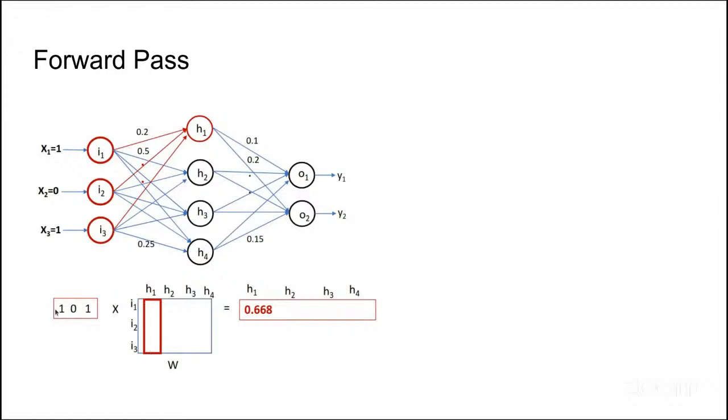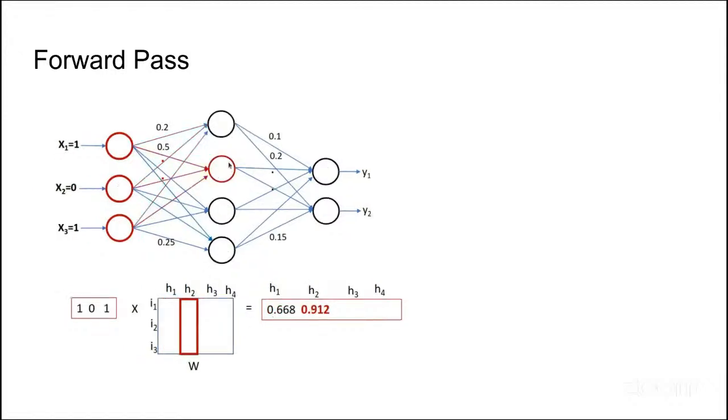You see, H1 is x1 times W11, 0 times W21, 1 times W31, because you are trying to calculate neuron 1's value. You take this vector and multiply with this vector, and that's how you get 0.668, and then apply the sigmoid function over this.